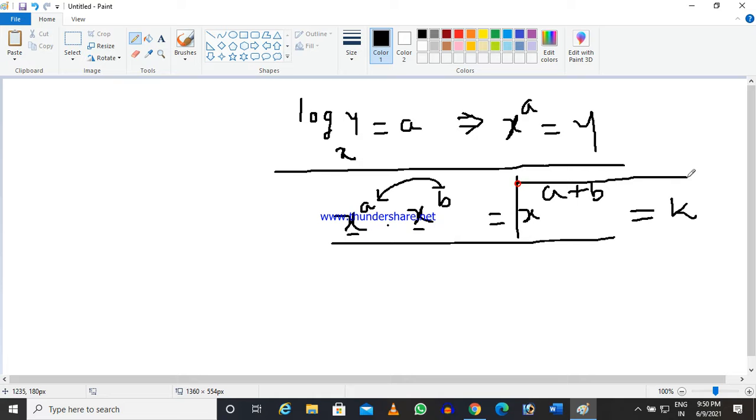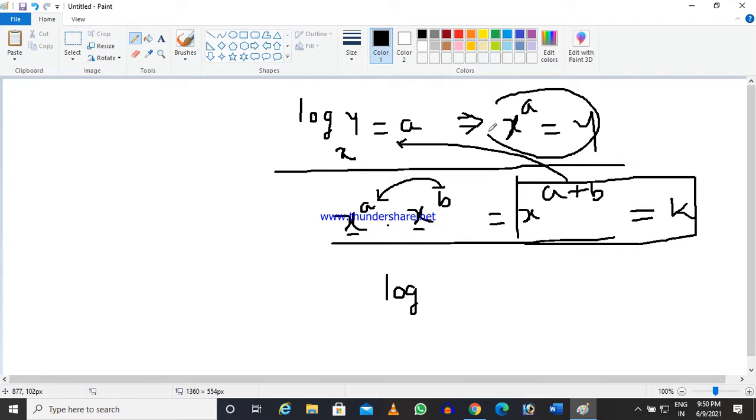So from this relation we can write, if we compare these two, this expression can be written as this.